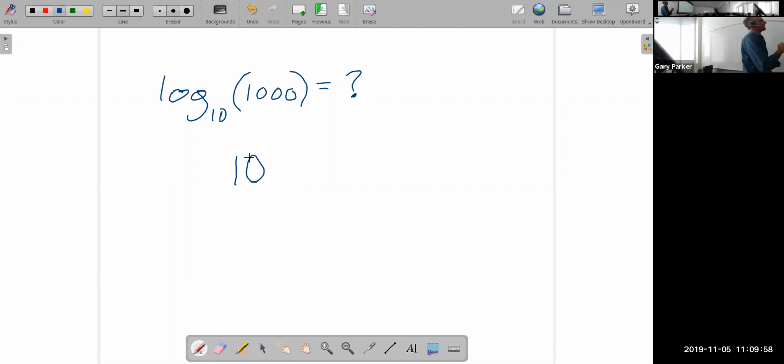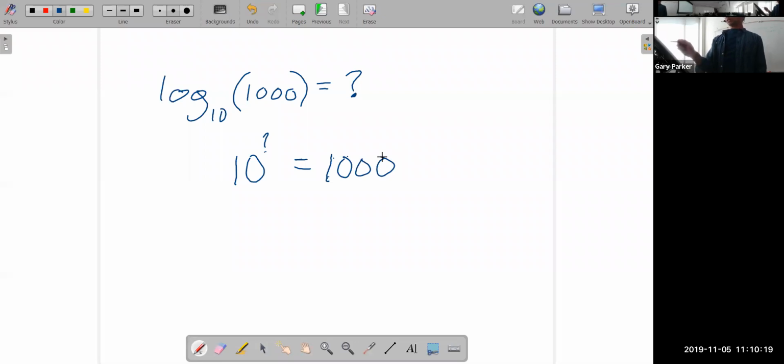Which thing here is the exponent? The 10, the 1,000, or the question mark? Yeah, the question mark, because a log is a power. So the power has to be the question mark. And that means the 1,000 has to go on the other side.